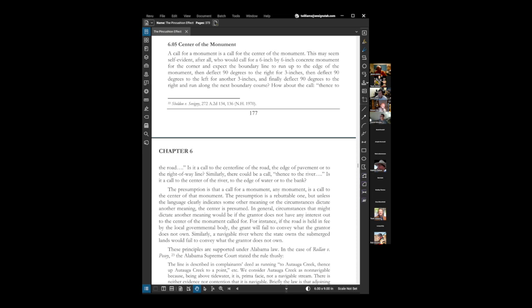You have to look at the actual occupation of the person, of either the grantee or the grantor, and how they assume an occupation line to that monument.